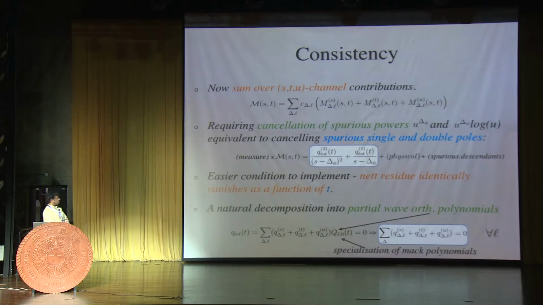What are the analogs of partial waves? These are certain class of orthogonal polynomials, which are specializations of the Mack polynomial. So you can decompose the total residue in terms of these polynomials. It'll have contributions from the S, T and U channels. And we can demand that the coefficient of each of these polynomials for each L vanishes. So you get an infinite number of constraints from an equation like this. You sum over all the dimensions, but this is true for all L.